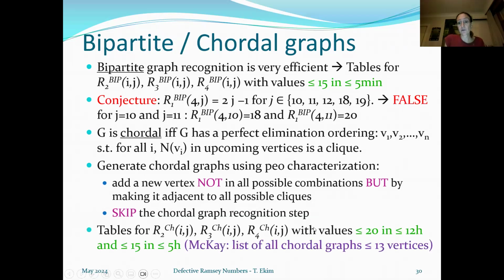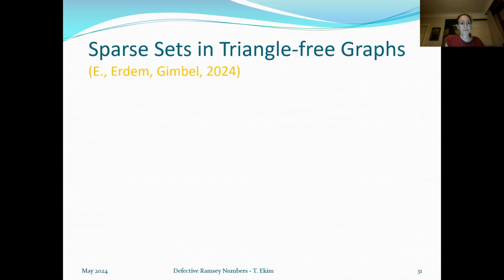Therefore, we could go up to values 20 in less than 12 hours, or values up to 15 in less than 5 hours. Again, Mackey lists all chordal graphs up to only 13 vertices. So we could go further.